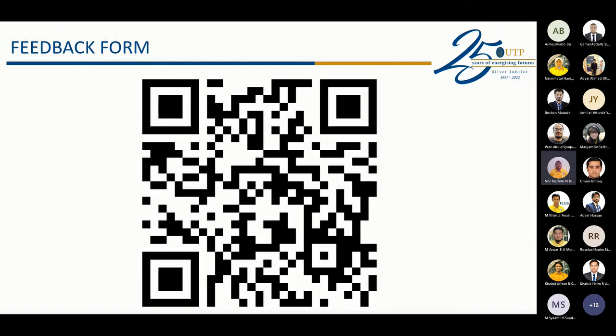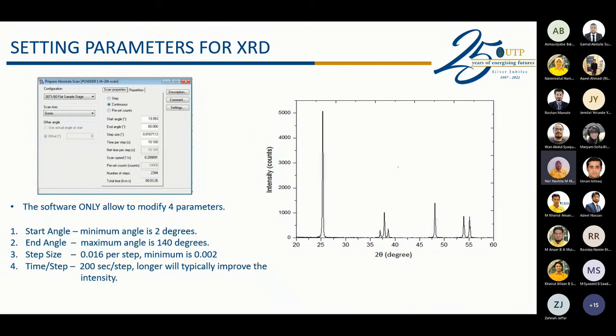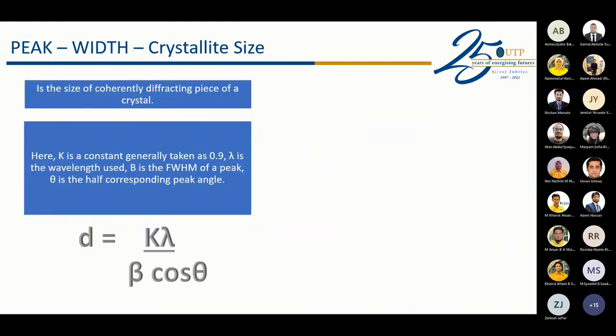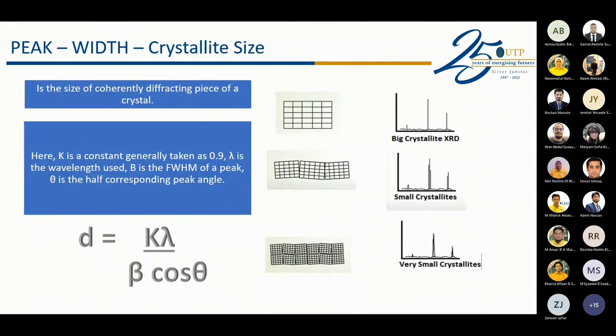Smaller particle size, not really. If it is a nano material, it has a smaller particle size, but in XRD the crystals are not properly arranged in one direction.